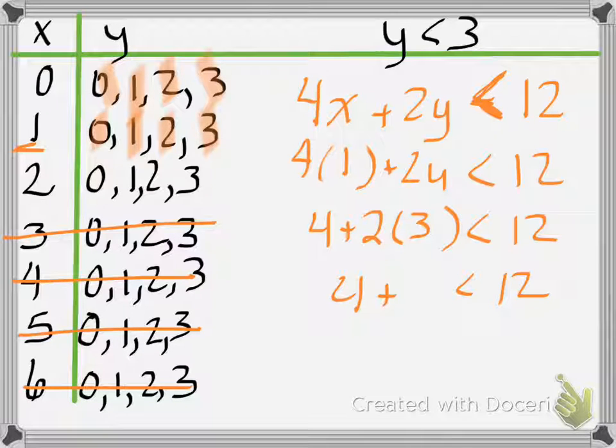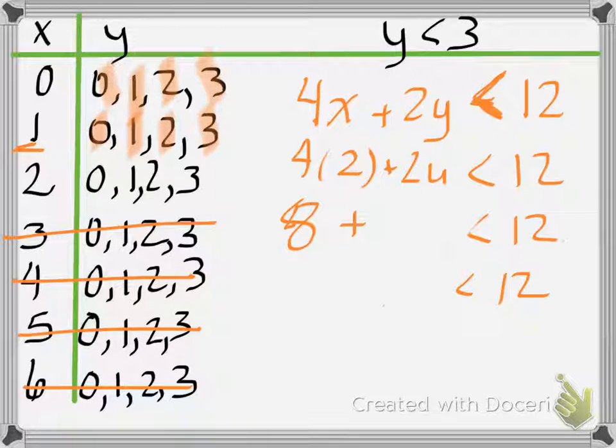Now let's look at it again with replacing x with 2. So 4 times 2 is 8, plus now let's go through our y's. 2 times 0. 8 plus 2 times 0 is 8 plus 0. So that's less than 12.